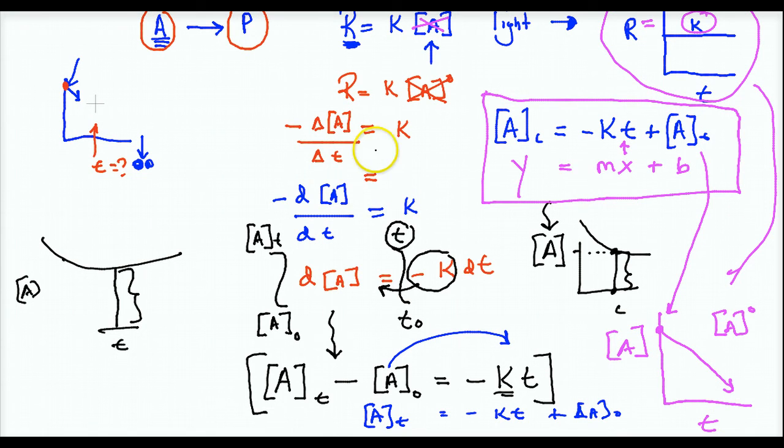All right, so let's go now to first order. That was 0th order, and this is first. Now, in truth, this is the first order I'm going to do. I have A going to products, and it depends on that A. So my rate law is equal to the rate constant times A to the first.